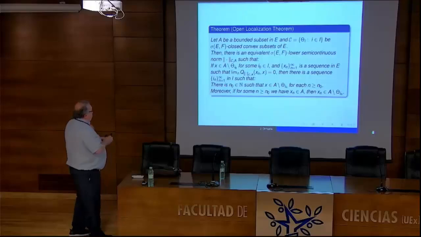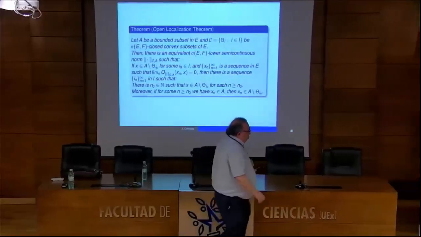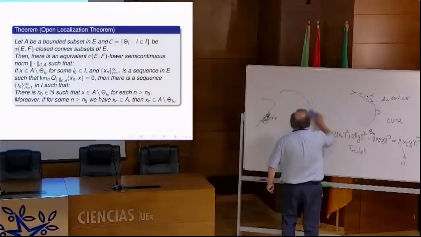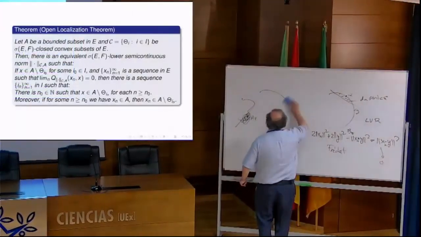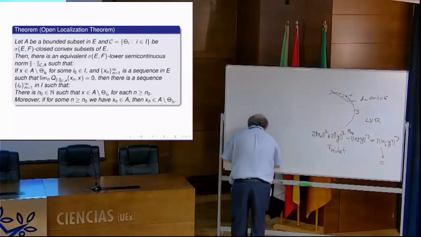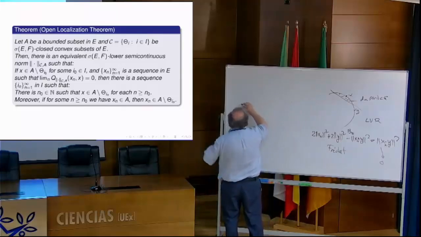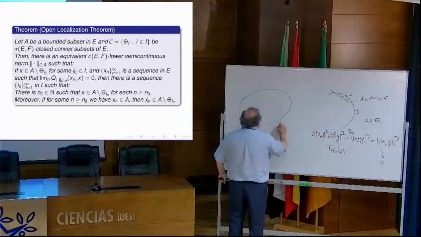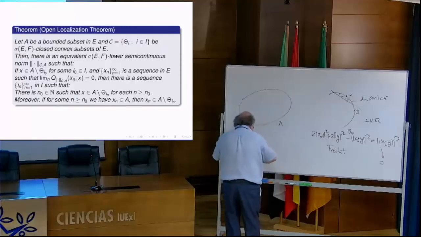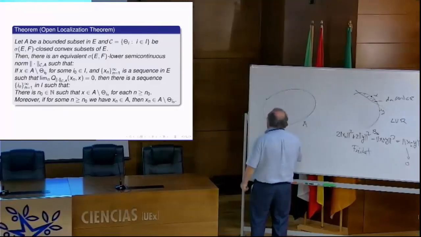So how to attack these theorems? How to make a proof? Which is the idea? The idea is the following. I'm going to have one set, and after, a family of closed convex subsets.